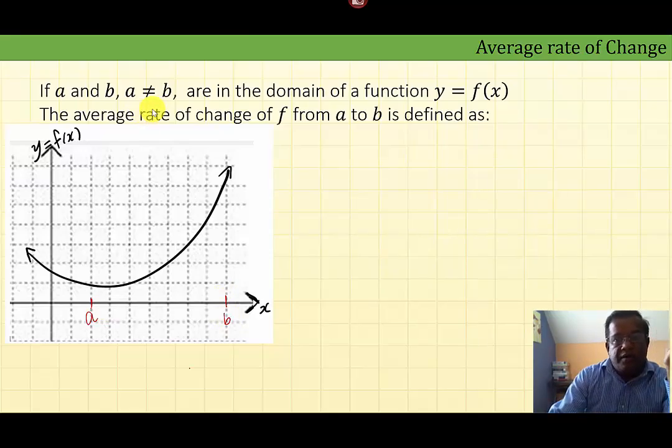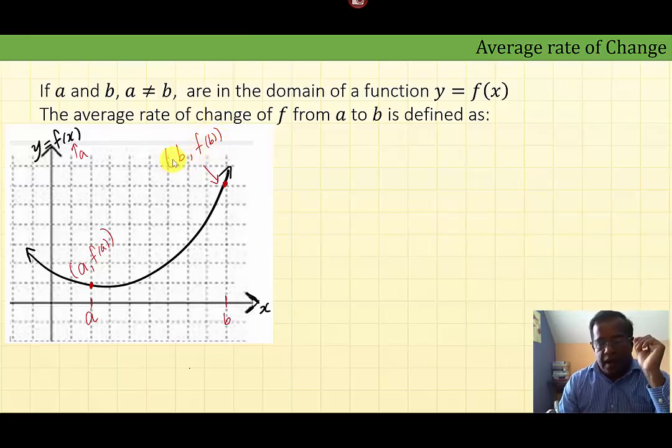They are in the domain of f. So clearly this point at x equals a, the y value is f(a). So this point is (a, f(a)).